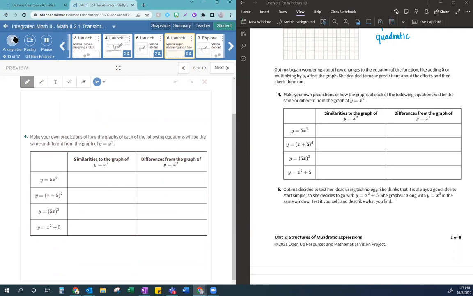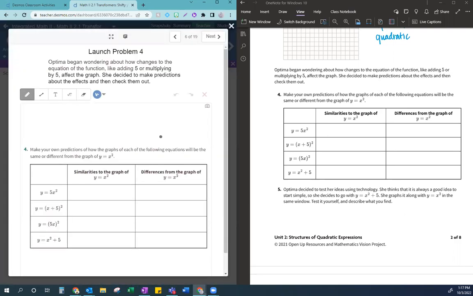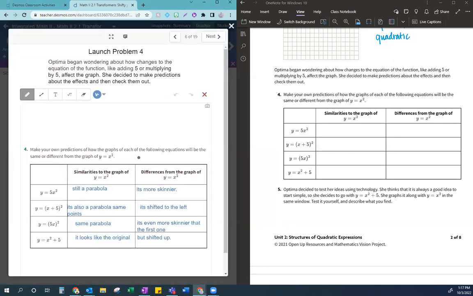Let me anonymize you guys. Let me look at your predictions. So someone said, it's still a parabola. Good job. I like this. But it's skinnier. Someone said, it's still a parabola. They have the same points, but it's shifted to the left. Oh, that's interesting.